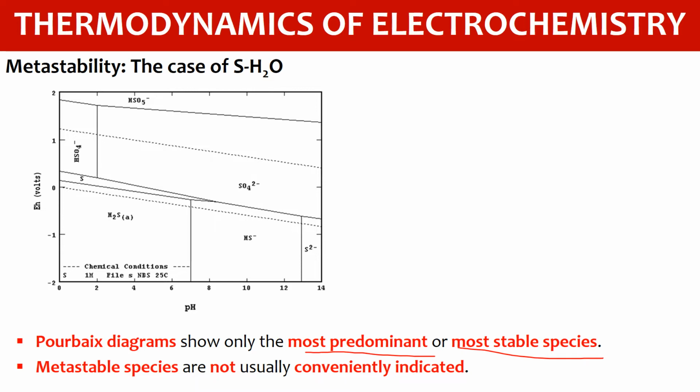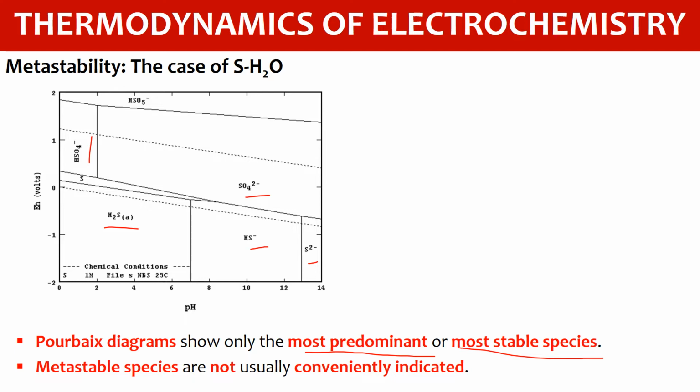So consider this case now for your sulfur-water system. You can see the predominant species here: your H2S, SO4, HS minus, HSO4 minus, and S2 minus. These are now showing the most predominant species in various conditions of your potential and pH.